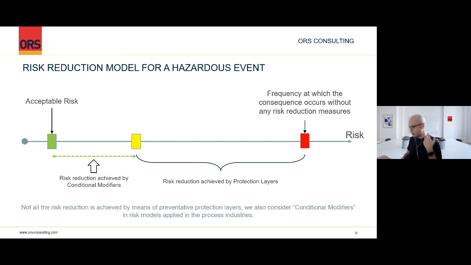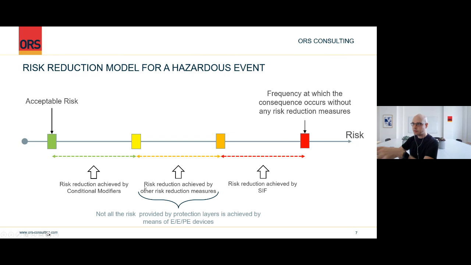You can consider that the ultimate consequence will only occur if you have ignition of whatever was released, and that may not happen every time, right? So you can define what the risk is that you assign to condition modifiers, and then you know more or less what is the gap that you need to cover with protection layers.